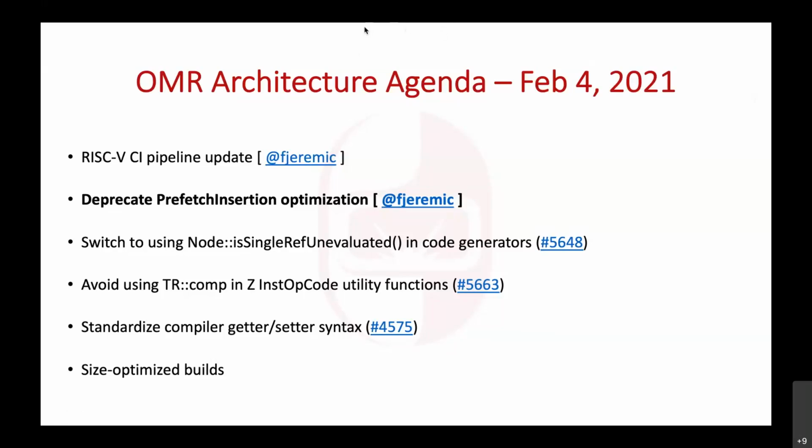At least on Z, in the last several iterations of the hardware, software prefetching has been discouraged because the hardware has improved greatly in that respect. So I wanted to get a feel, or if somebody knows the history behind this optimization, or why it was introduced, because it seems severely kneecapped at the moment, and we're spending compile time needlessly.